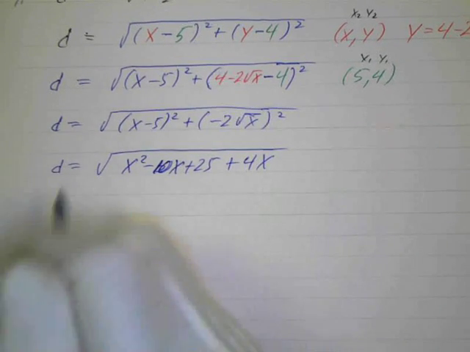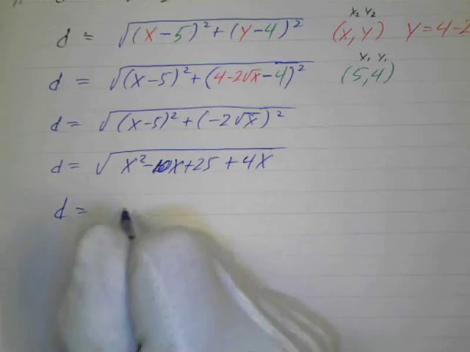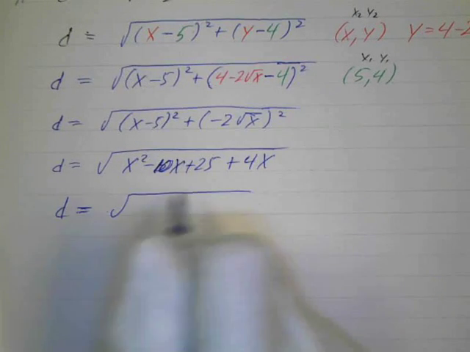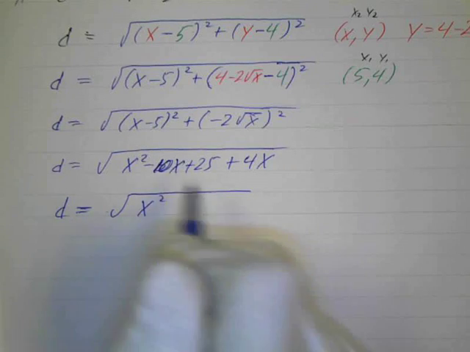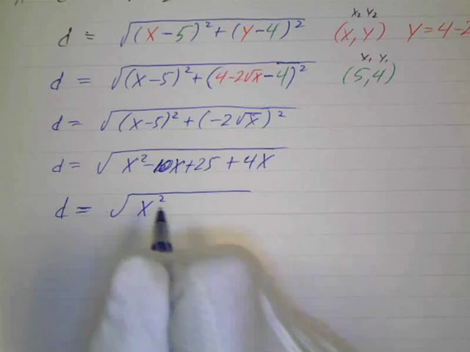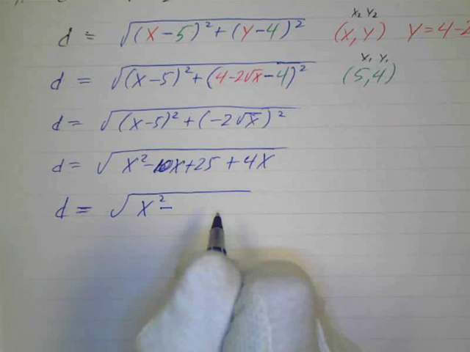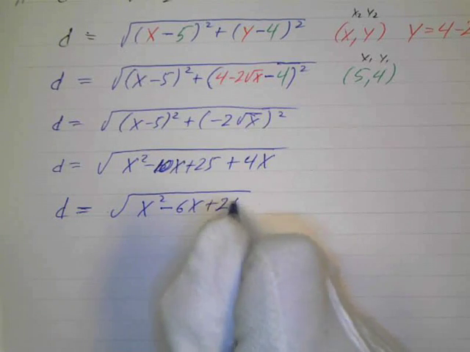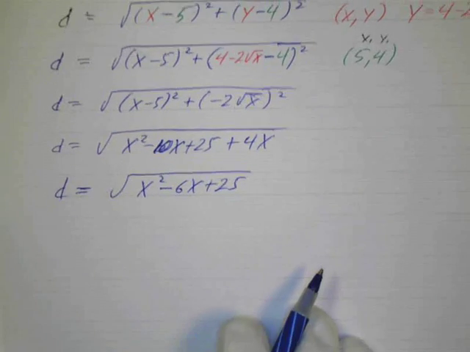And I can combine these, and I've got distance equals the square root of x squared, and negative 10x plus 4x is negative 6x plus 25. Now this is what we want to minimize.